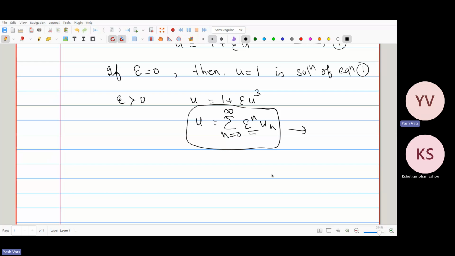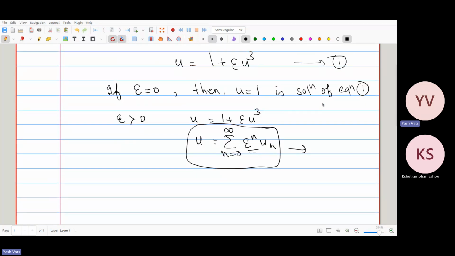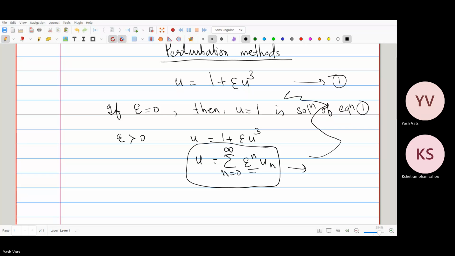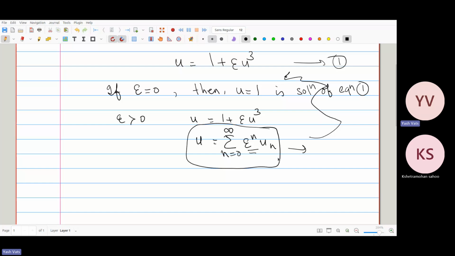So what I'm doing is I substitute this expansion over here. You have to make sure that you can write u like this, so u is in some space and that space is complete. I won't go into the mathematics of that. So if I write u like this, then it is u0 plus epsilon u1 plus epsilon square u2 and so on, where u naught is basically 1.